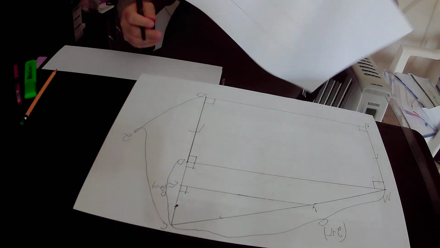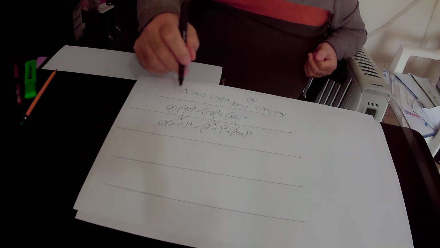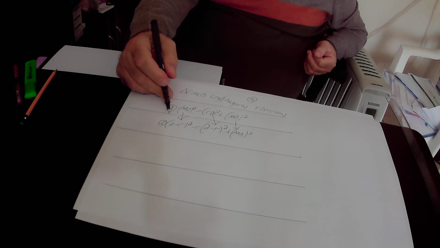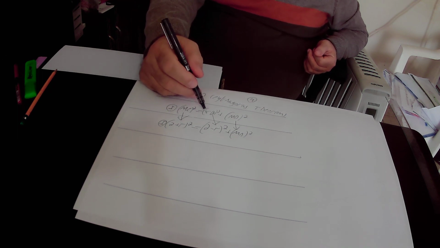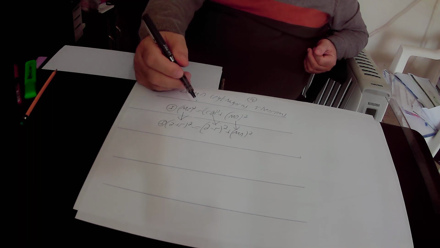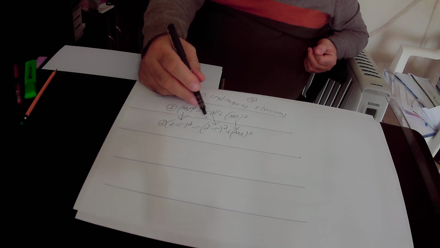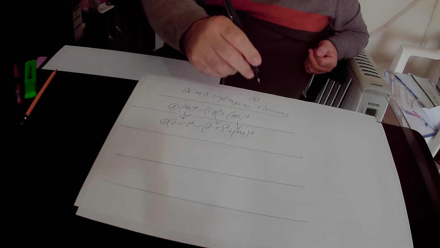CD equals 2 minus R, therefore CD square will be equal to (2 minus R) square. MD square is MD square.